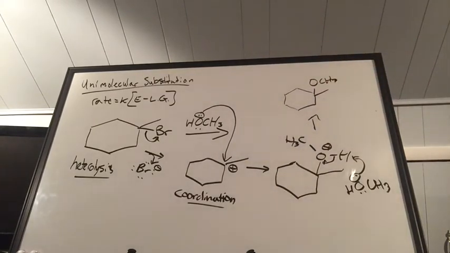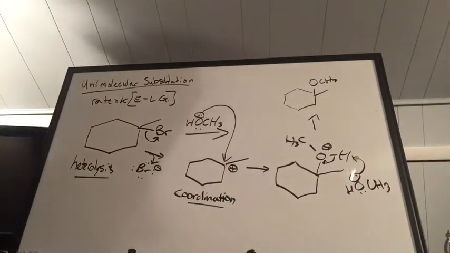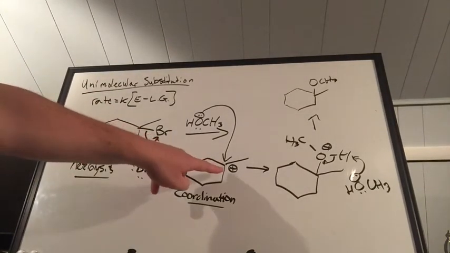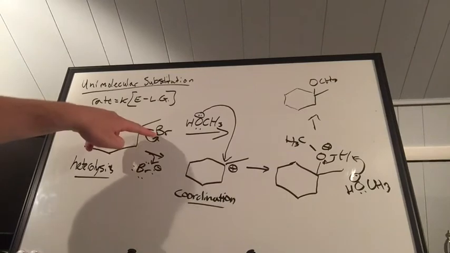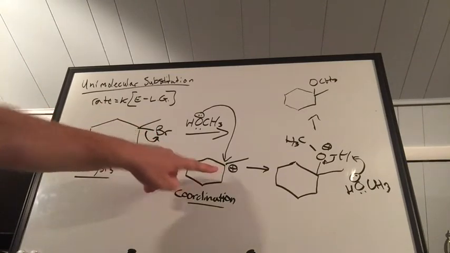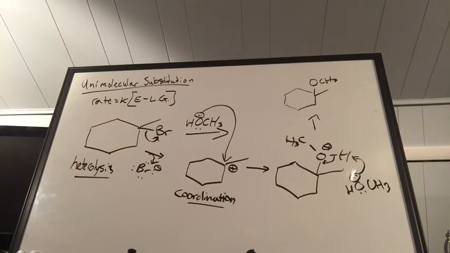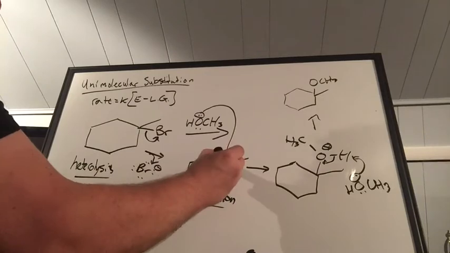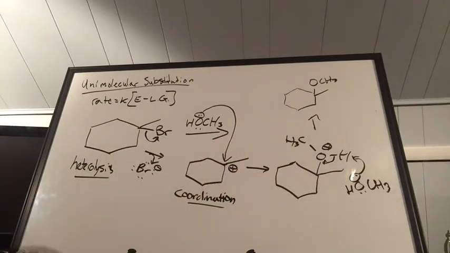So, what's to be learned here? Let's start off from the top. This bromo group is going to be leaving, forming a tertiary, stable carbocation. So you can think of that as a good catch, right? It's not going to go off and do anything weird.